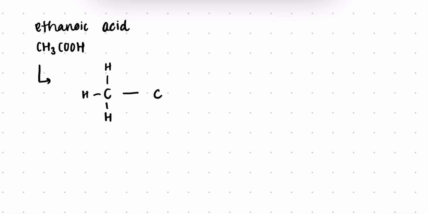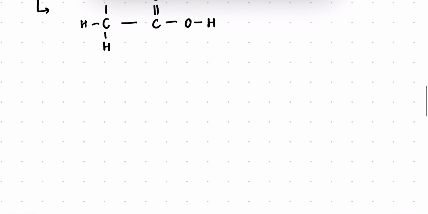Now, this COOH group is actually present in this way. That's the COOH group. Now, if we were to draw this in a structural formula, you would just do the same, except you have to show this bond as well. So yeah, this would be a structural formula for ethanoic acid.